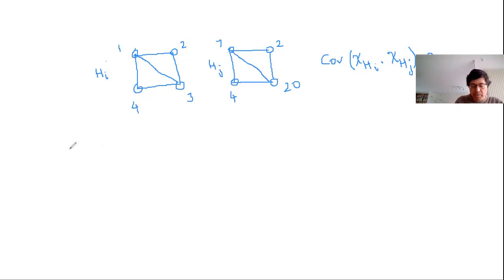So here's another possibility. Maybe Hi is this. We are repeating all the arguments we made for triangles. We studied triangles in detail, and I'm just repeating that, but in greater generality.